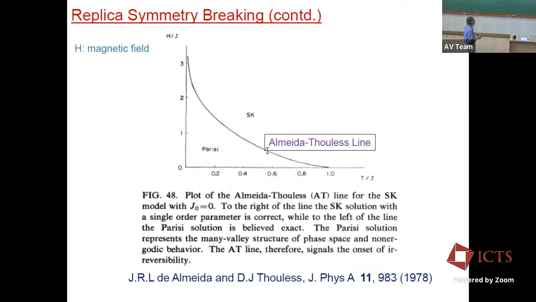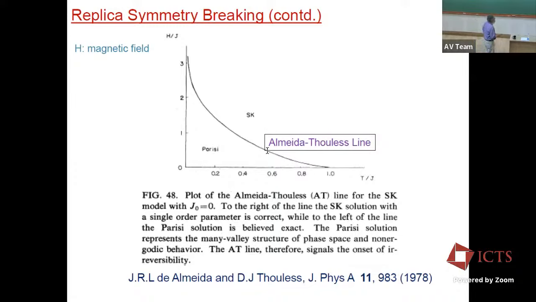If you include a magnetic field, then this point becomes a continuous line. And again, one can calculate this line exactly. And one finds that this asymptotically approaches 0. But if you have some amount of magnetic field, somewhere around here, then as we reduce temperature, there would still be a transition.